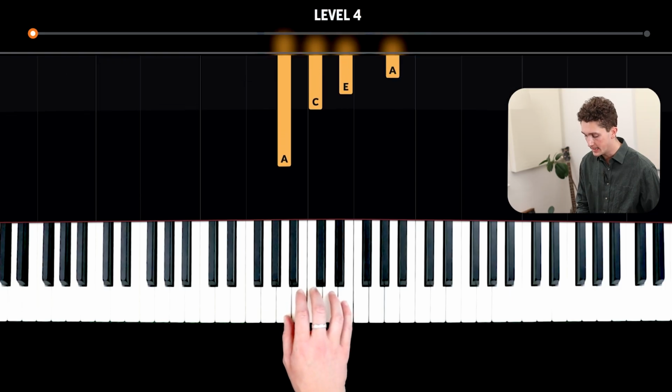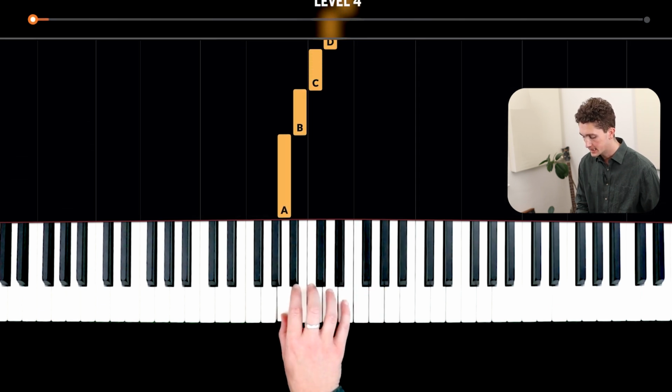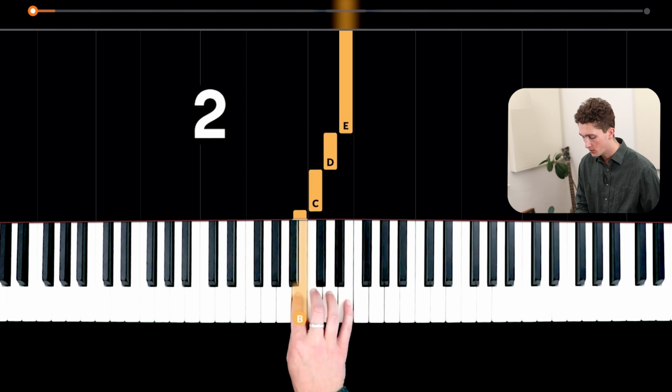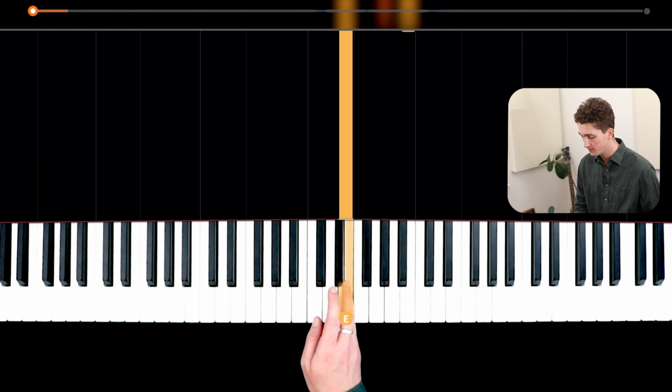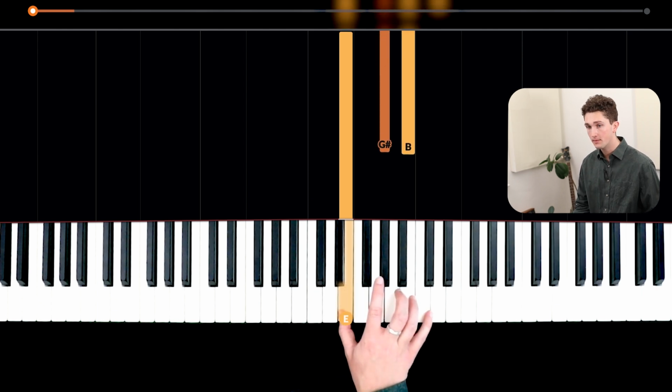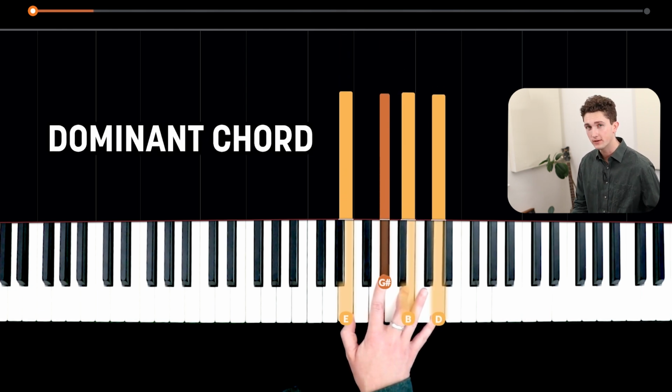So we're in A minor here, right? Our A minor scale, 1, 2, 3, 4, 5, has E as the 5th degree. So the 5th chord of A minor is E. That's why we call it the dominant chord. The 5th degree is the dominant degree. The chord that's on the 5th degree is the dominant chord.